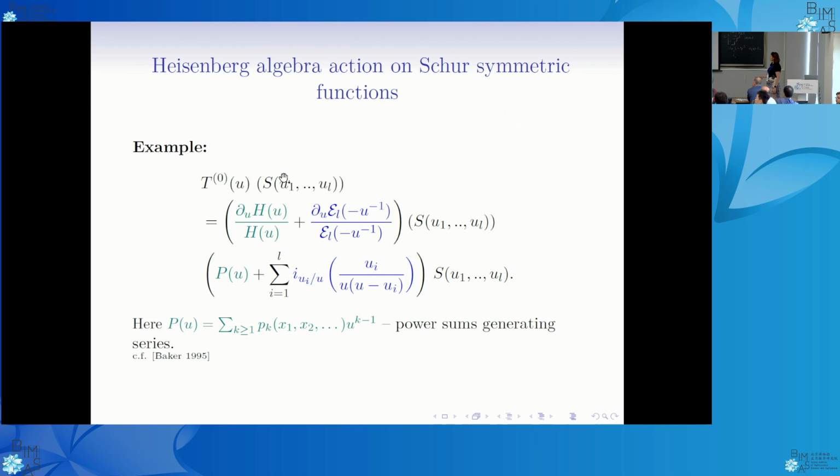For the first one, it is known that if we take the logarithmic derivative of the generating function of complete symmetric functions, it is going to be a power sum generating series. So the first component multiplies each Schur symmetric function by a power sum. And the second component says, let's take this formal distribution which has formal variables u's and multiply it by this slightly modified geometric series. So the second part corresponds to operators of differentiation, since the Heisenberg algebra has multiplication and differentiation.